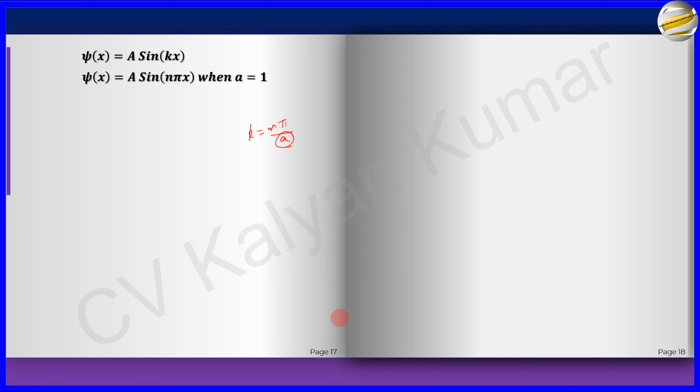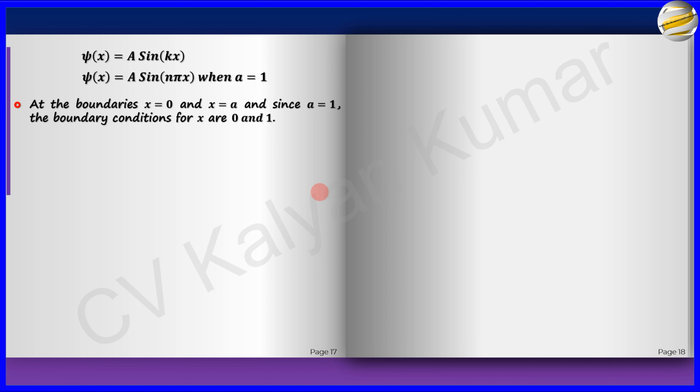So if a is 1, then this function will become A sine n pi x. Now remember, at the boundaries, x is equal to 0 and x is equal to a. And since a is 1, the boundary conditions for x are 0 and 1 instead of 0 and a.